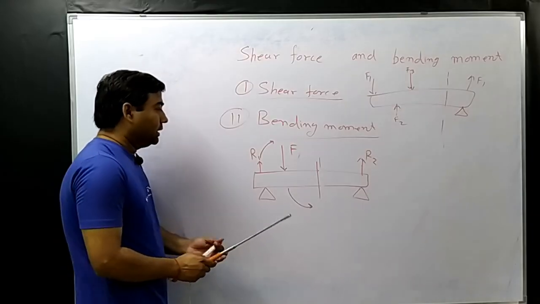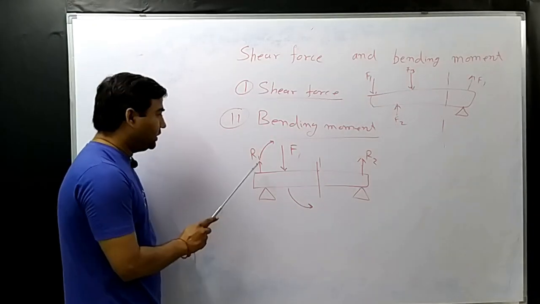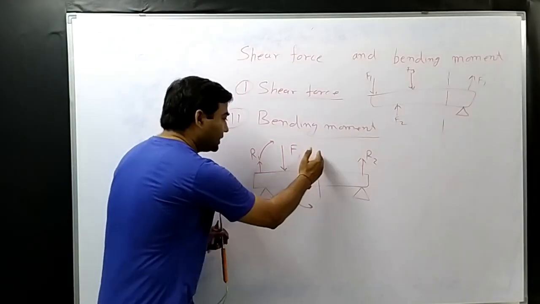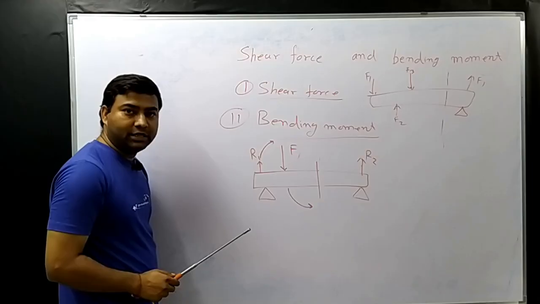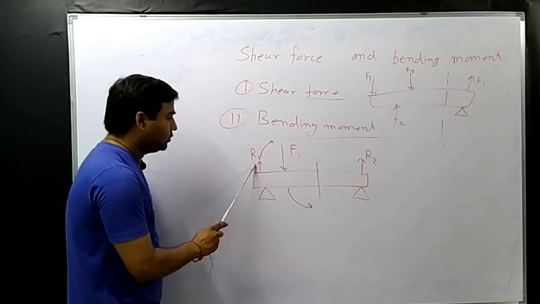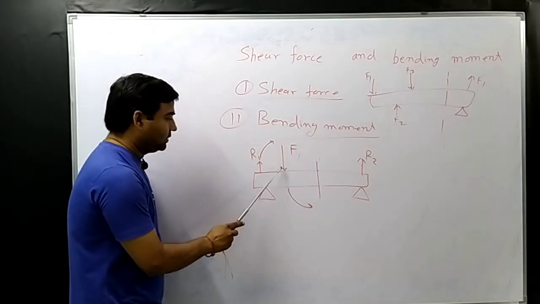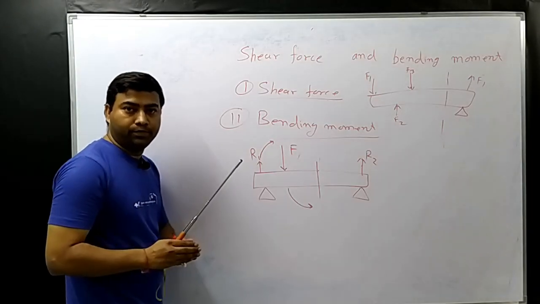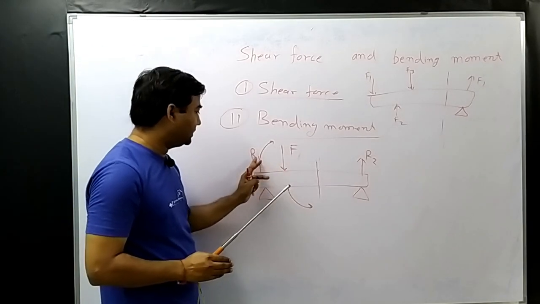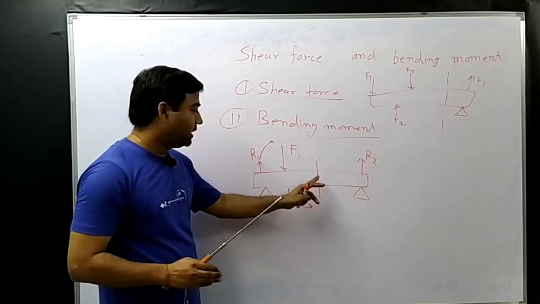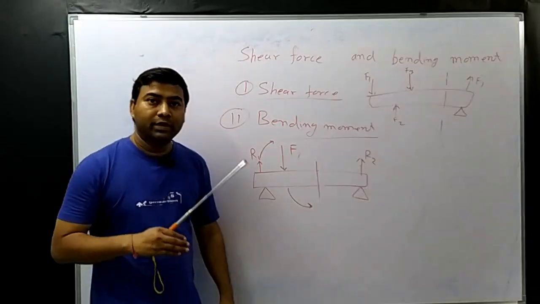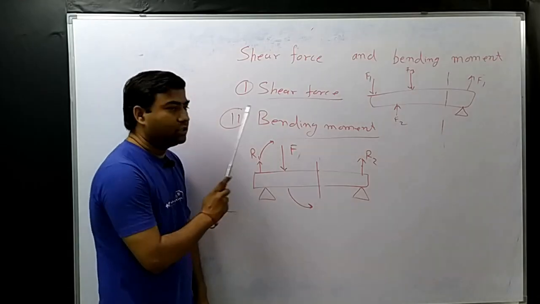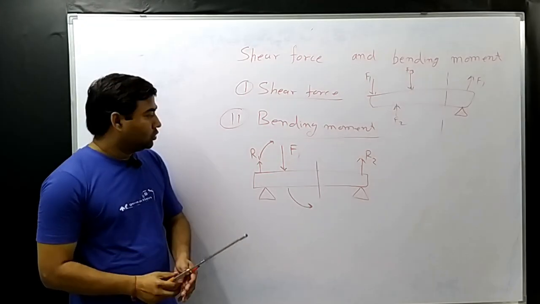Again I am repeating, about this point total moment of R1, F and R2 is 0. But if you cut this beam from this arbitrary point, then moment of R1 and F about this point will not be equal to 0. The sum of both these moments, this is clockwise and this is anti-clockwise, will not be 0, and this sum will be equal to moment of R2 about this point, then it will be 0.